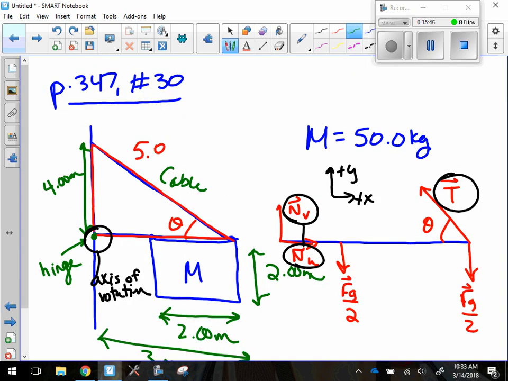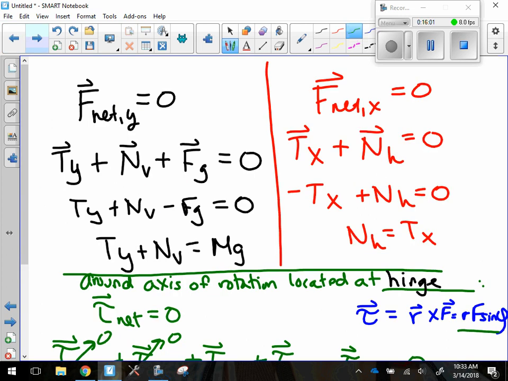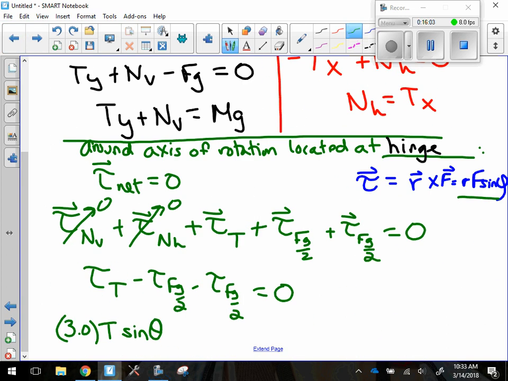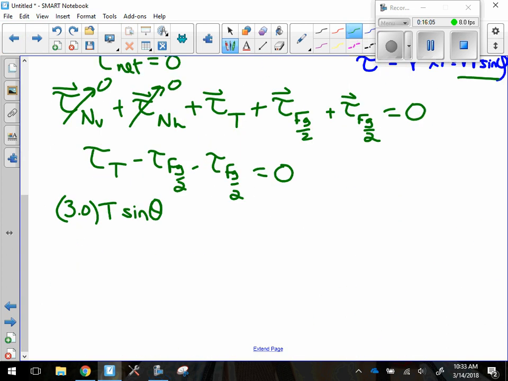I labeled it as theta. Okay, because this is my moment arm and this is my torque. And so the angle between them is theta. No, not yet. I'll eventually want you to find the angle, but right now we're just trying to fill things in. You with me, Casey?